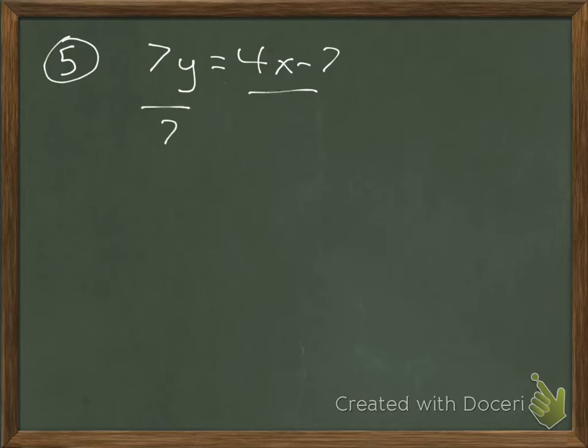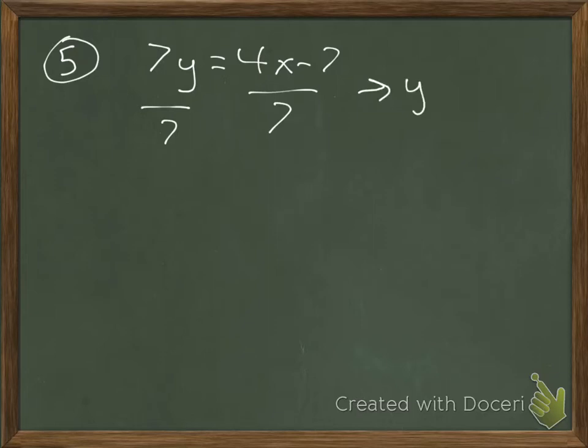All right. 5. We're given 7y equals 4x minus 7. There's a couple different ways you can do it, Ann Grace, but the best way would be to divide by 7 and put it into slope-intercept form.